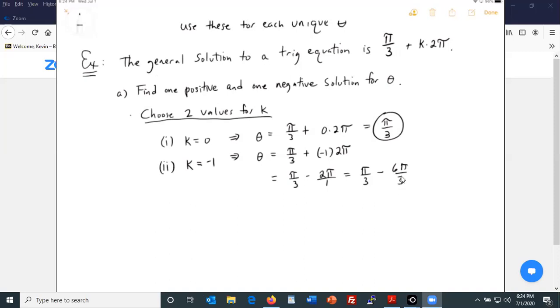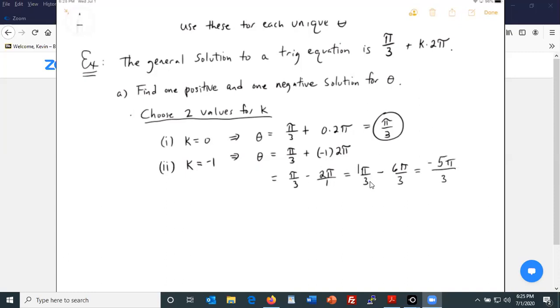Now these two fractions are set up with the same denominator, so you can subtract or add them. Here we're going to subtract. Think of the first one as 1 pi over 3 minus 6 pi over 3. It's still going to be over 3, so I'm subtracting the numerators. 1 pi minus 6 pi is -5 pi.